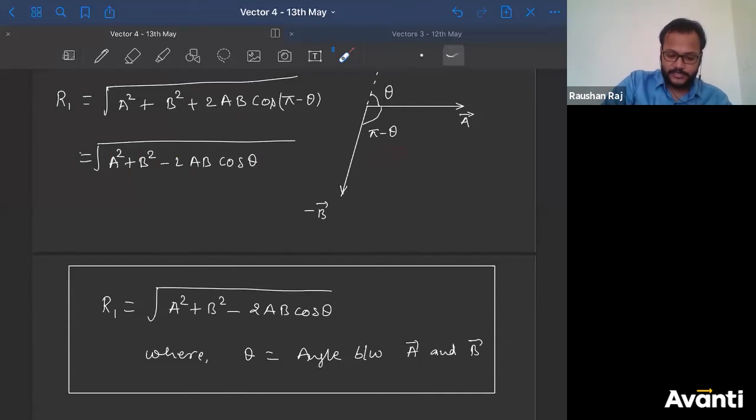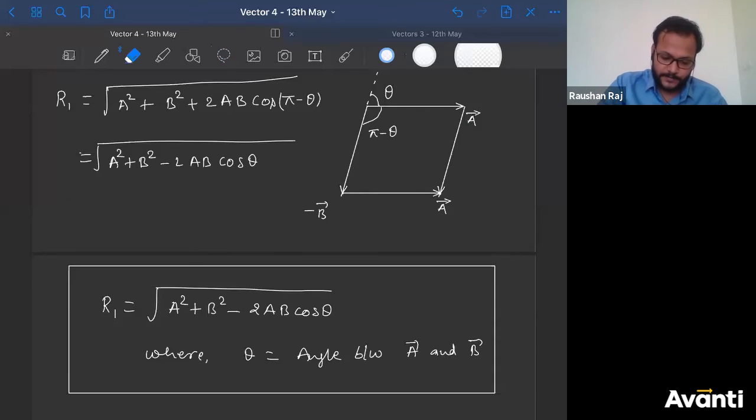Can I say that this is A, this is minus B? If I ask you to use the parallelogram rule of addition, we have to copy this down here. Then I'll copy this vector B and join it here. The parallelogram is formed.